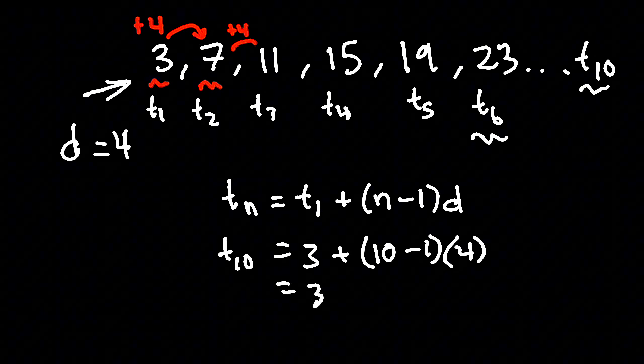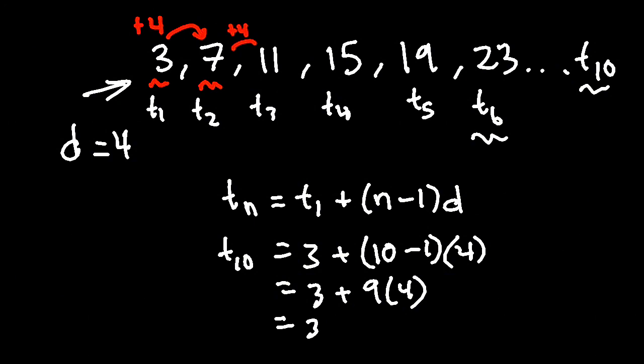Let's simplify this down a bit. So 3 plus 9 times 4 is 36, so we get 39 is our 10th term in this sequence.